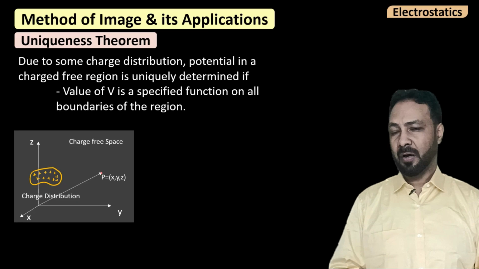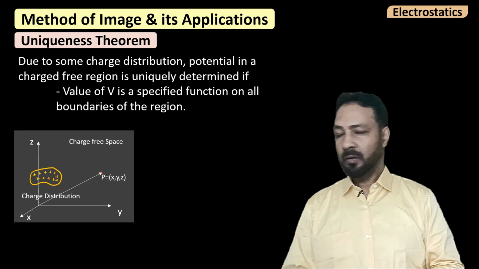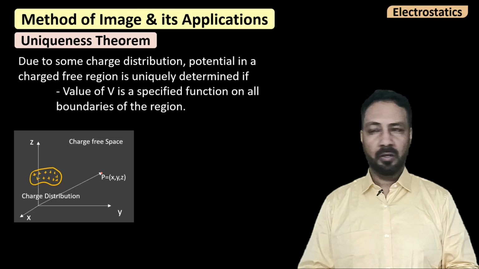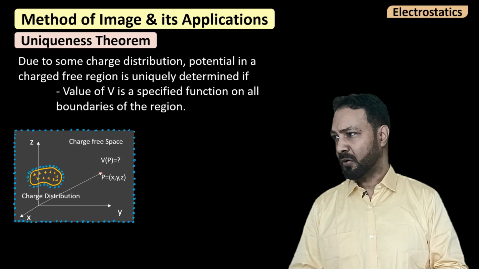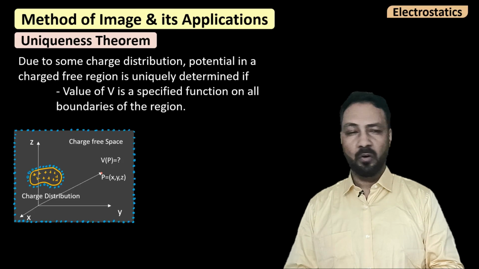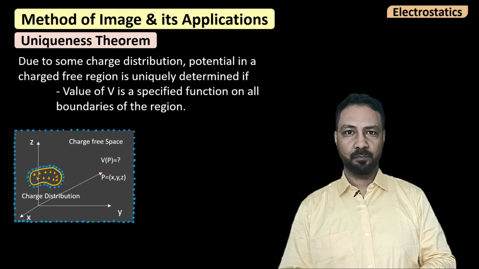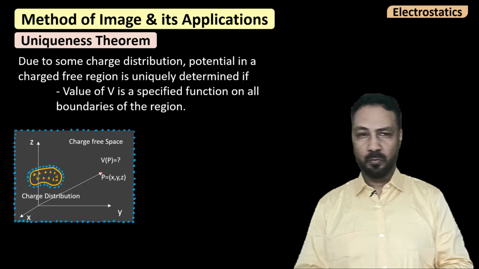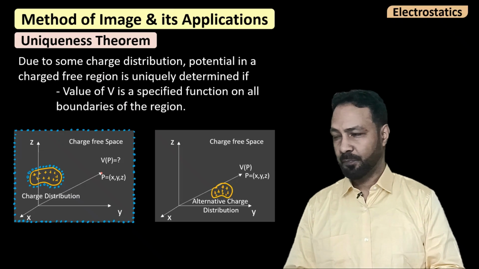So I have a license from the uniqueness theorem. First of all, I need to know the potential at all boundary points. These blue points are the boundary points where I know exactly what the potential is for this charge distribution. And now I will think of an alternative charge distribution.